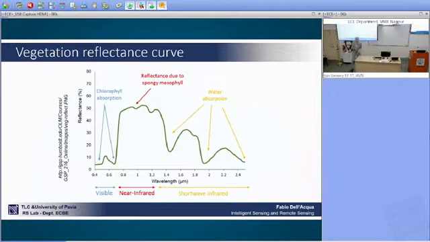The next interesting part of it, which is not visible to our eyes, but it's very relevant to remote sensing, is that the structure of the leaves is very effective in reflecting near-infrared radiation. So if you move just one step outside the visible range, you will see a lot of radiation reflected by the vegetative structure.